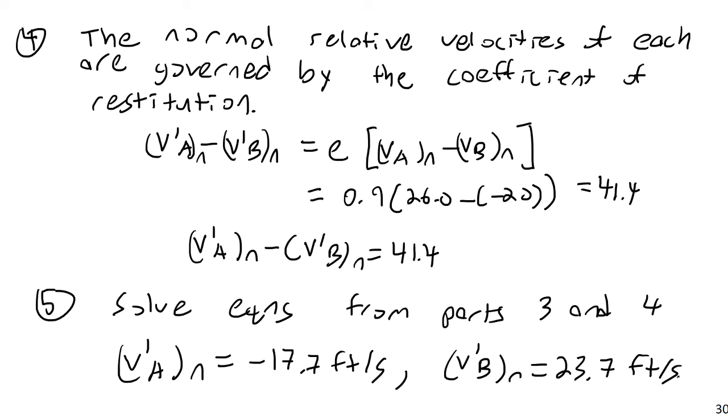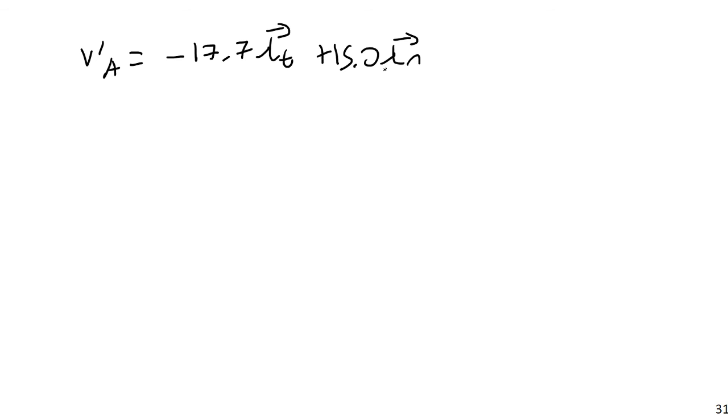If I were to summarize all of this, V prime A is equal to negative 17.7 lambda t, the tangential unit vector, plus 15.0 lambda n, the unit vector in the normal direction. In magnitude and direction, V prime A equals 23.2 feet per second, and theta, by an inverse tangent, is equal to 40.3 degrees.